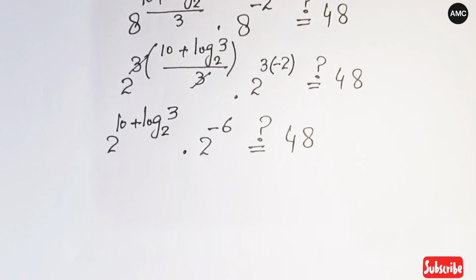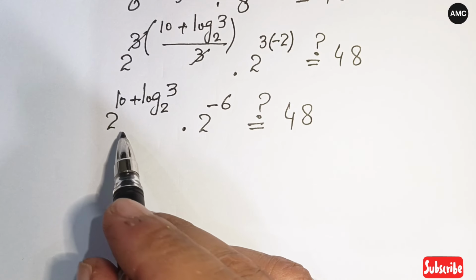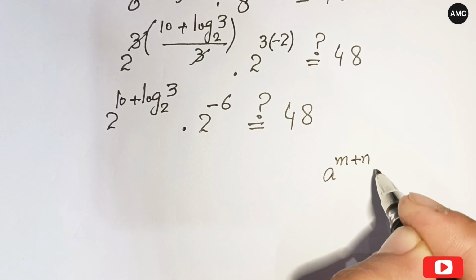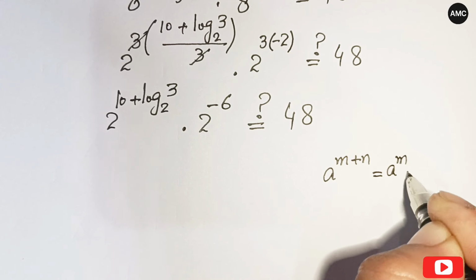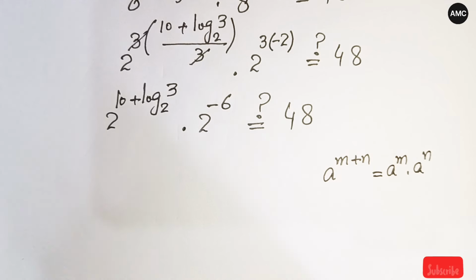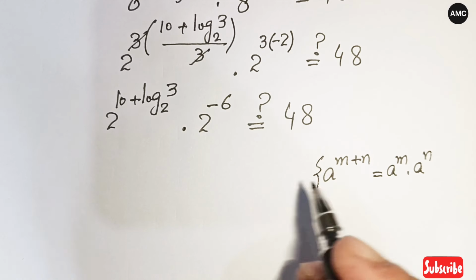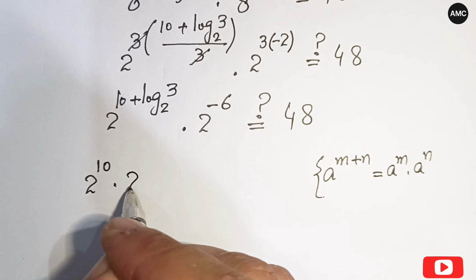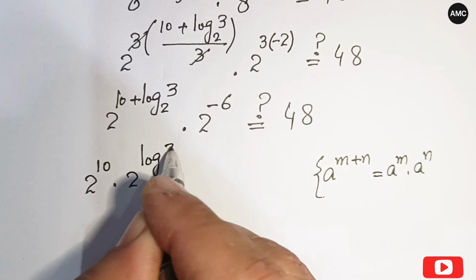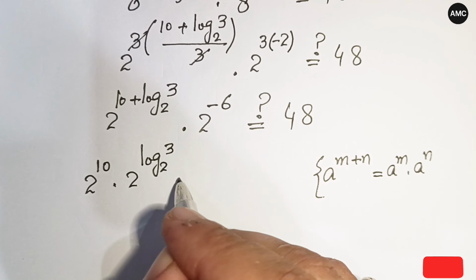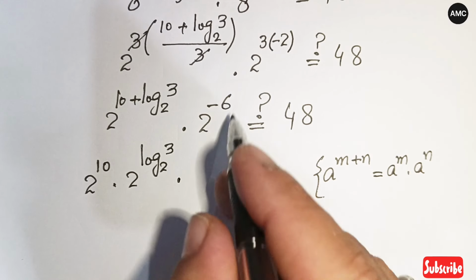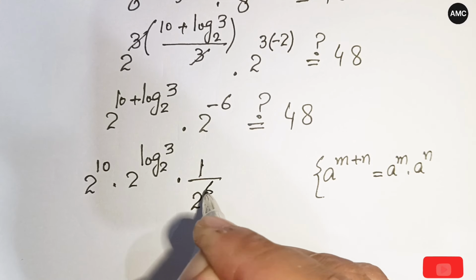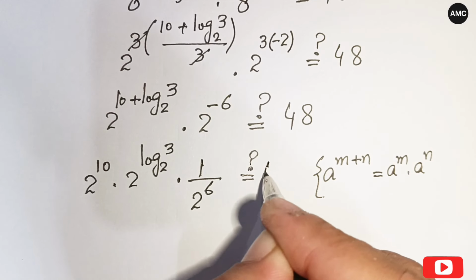Here we are going to use that exponential property. If we have a to the power m plus n, it is equal to a to the power m times a to the power n. So here we have 2 to the power 10 times 2 to the power log 3 to base 2 times this 2 to the power minus 6 can also be written as 1 over 2 to the power 6, is it equal to 48.